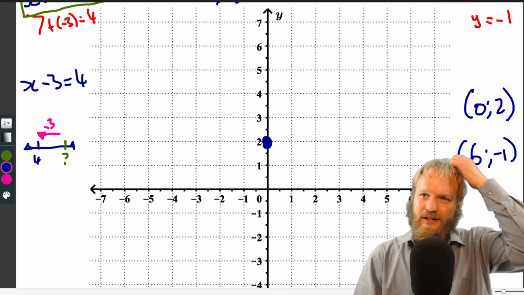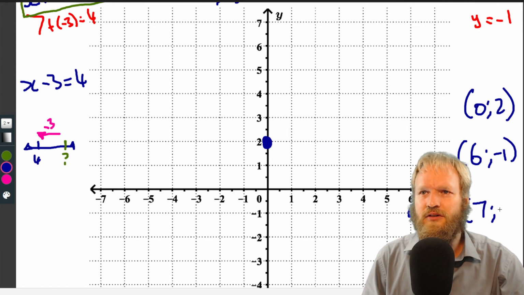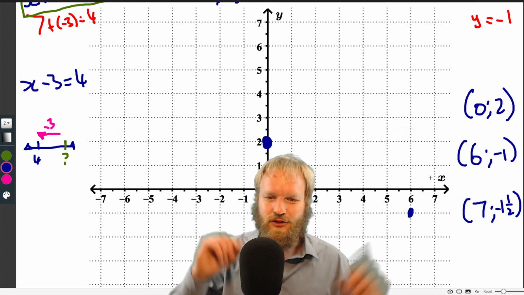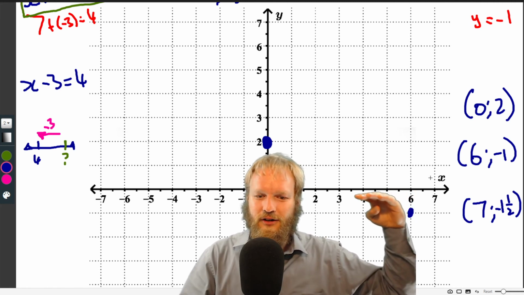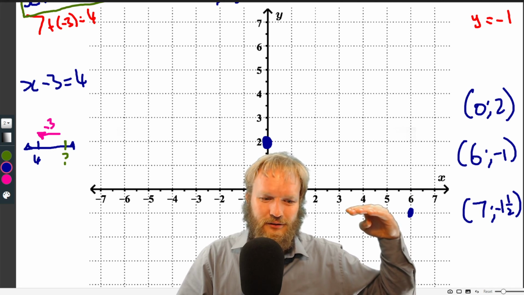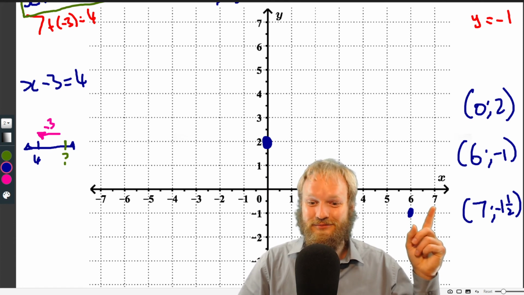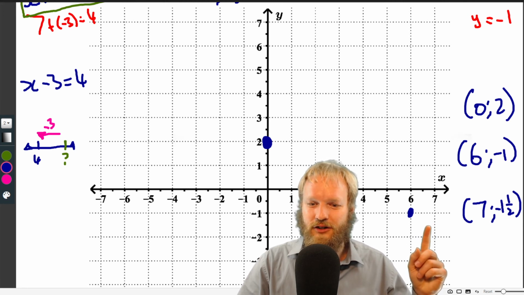I don't know, hopefully that sort of matches up. And then point 7, minus 1.5. We haven't done fractions plotting, but for that point, we've gone across to 7, and we've gone down not by 1, not by 2, but by 1.5, so it's there in the middle.